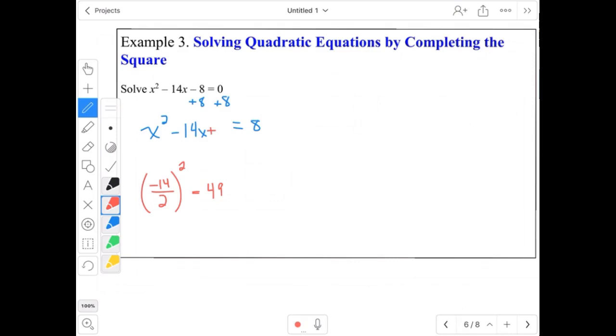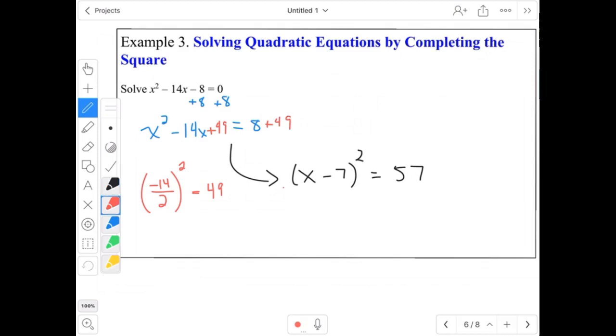So I'm going to add 49 to both sides. Now I can continue to solve my problem. This x squared minus 14x plus 49 can be rewritten as x minus 7 squared, and that's going to be equal to 57.